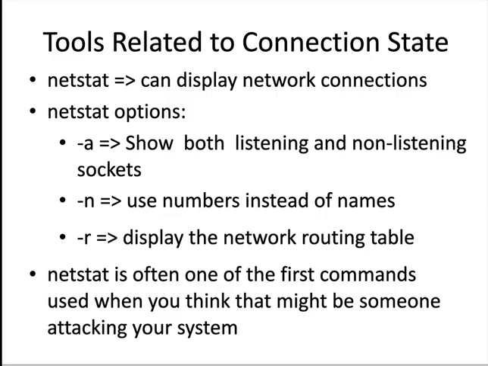Are there unusual ports? Are there non-well-known ports that have connections on them? You'll need to determine, is that because you're running a piece of software that listens on that non-standard port, or has somebody installed, for example, a botnet that is watching on that port?